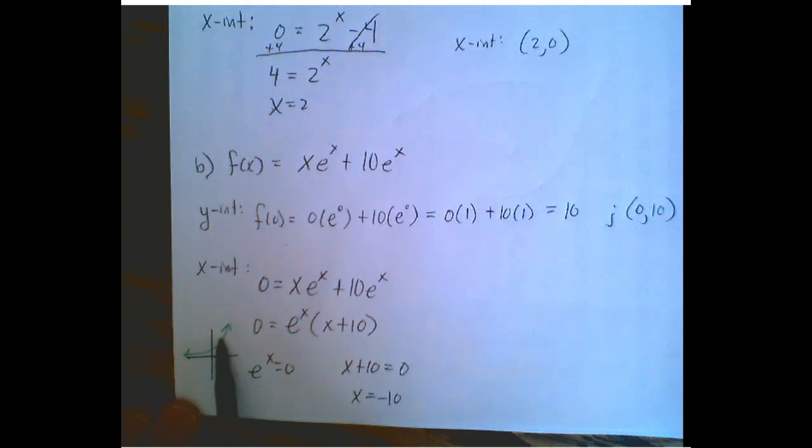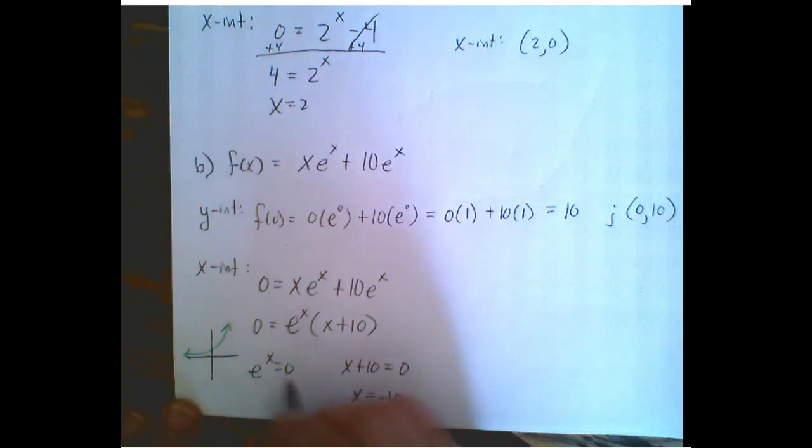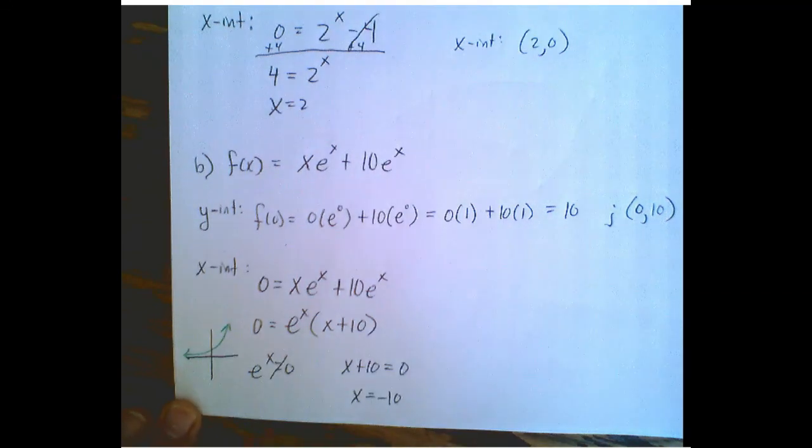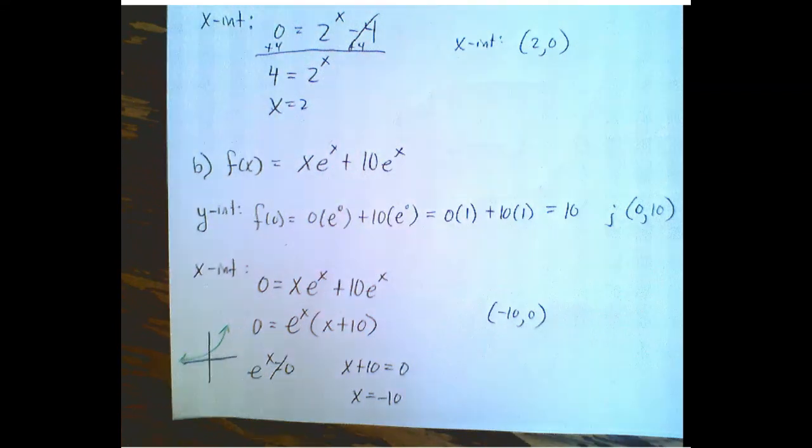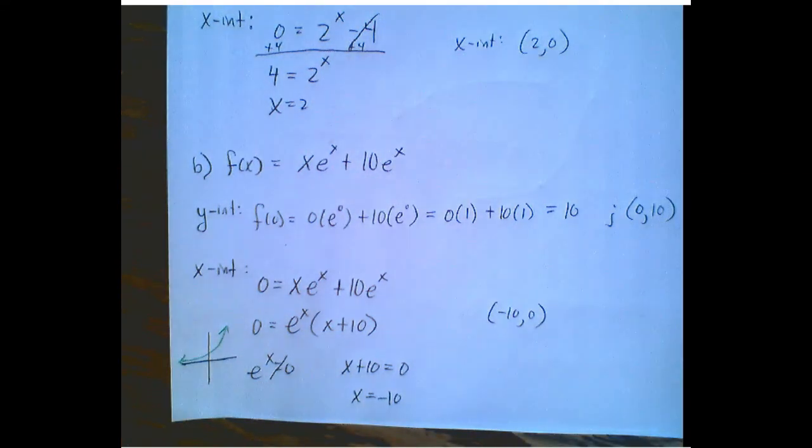Well, the answer is no. Then we just ride along that axis. So e to the x is never equal to 0. So there is no solution from that. Therefore, our x-intercept is negative 10, 0. All right, so you should be able to attempt the 5.1 homework now.